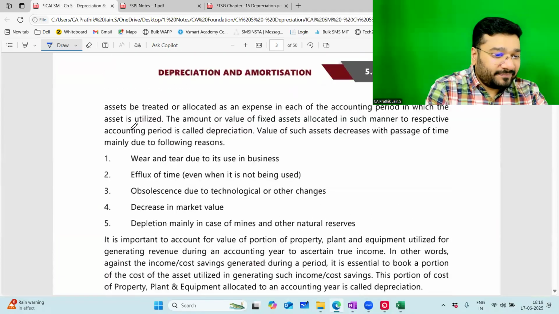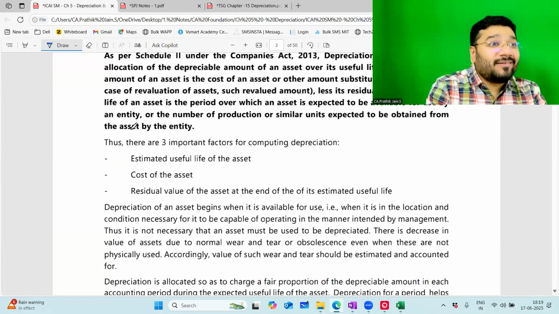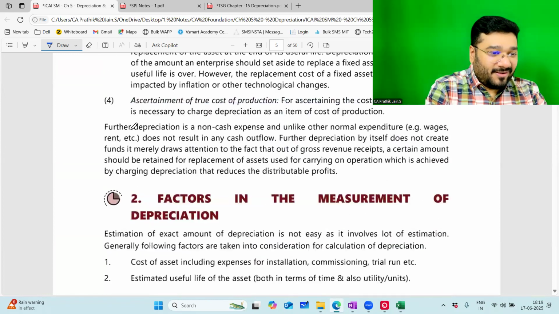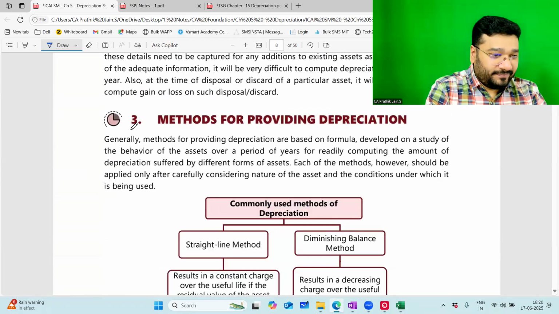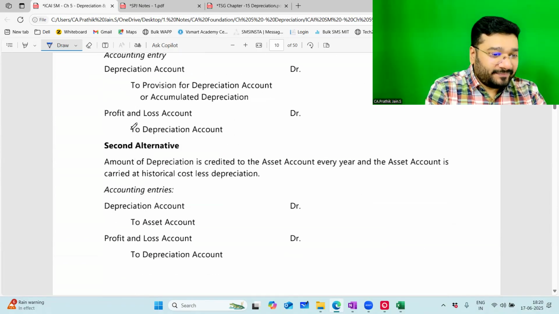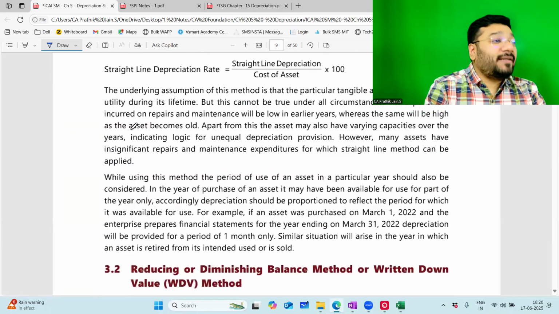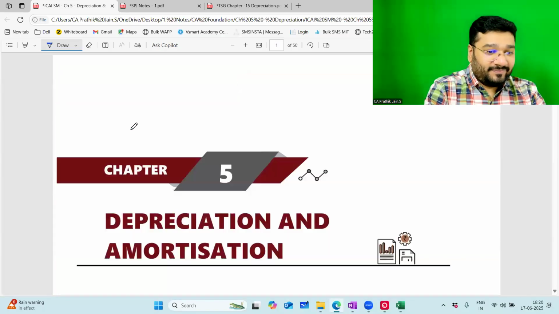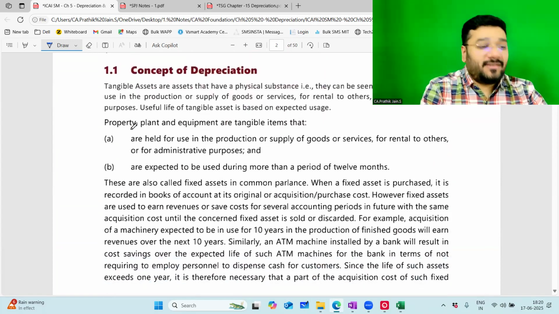Any problem? You have no problem? I didn't even explain. You should have full problem. Please flip the page and tell me where obsolescence is given. I want to know the meaning of obsolescence.